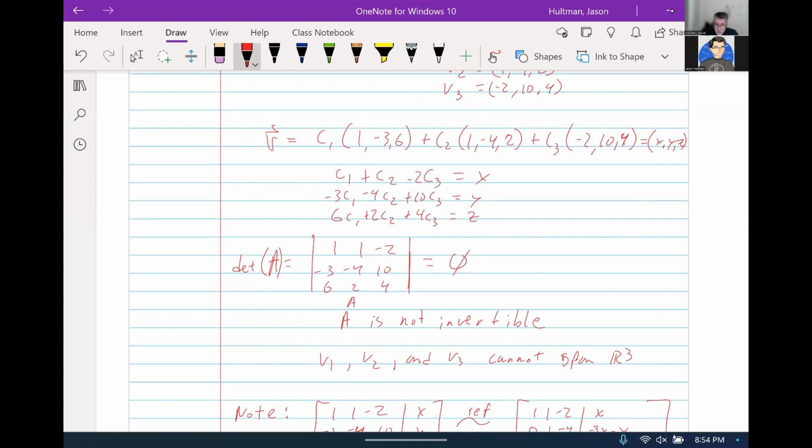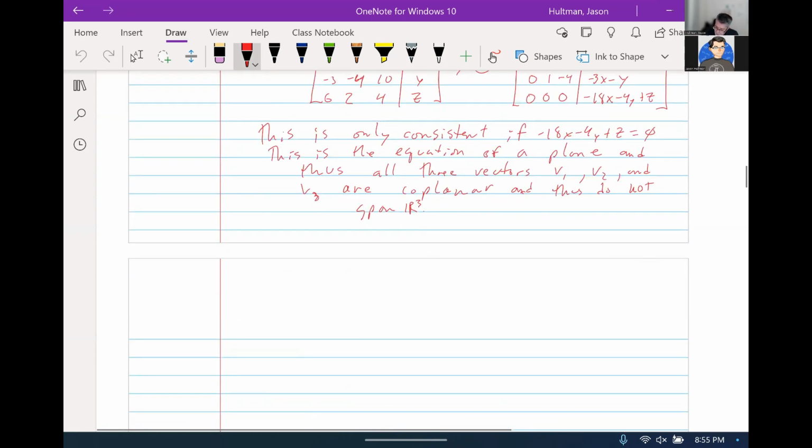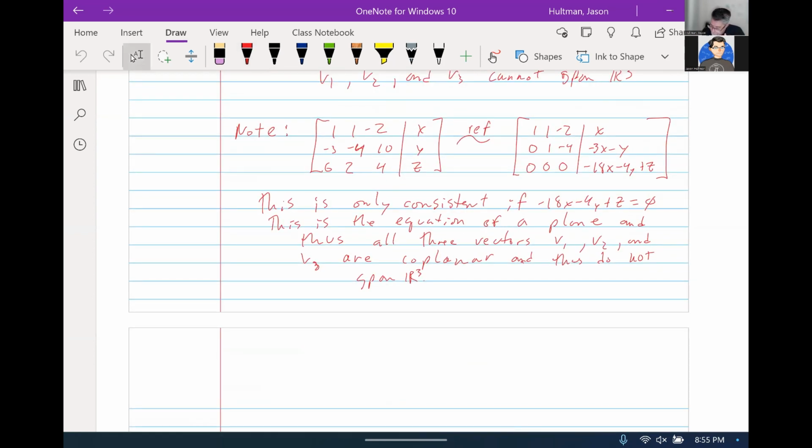And so one row in this was a linear combination of the other two. And that's how we were able to wipe it out and get all zeros. And that ended up basically being rows 2 and 3. Rows 2 and 3 are linear combinations of each other. So they end up wiping each other out, or wiping one of them out.